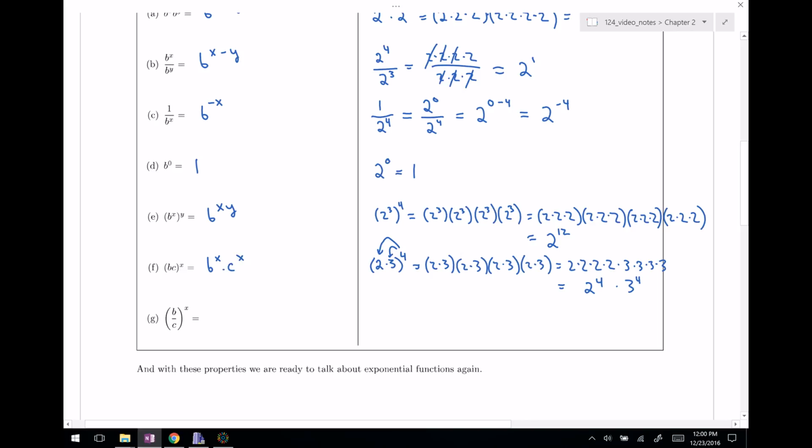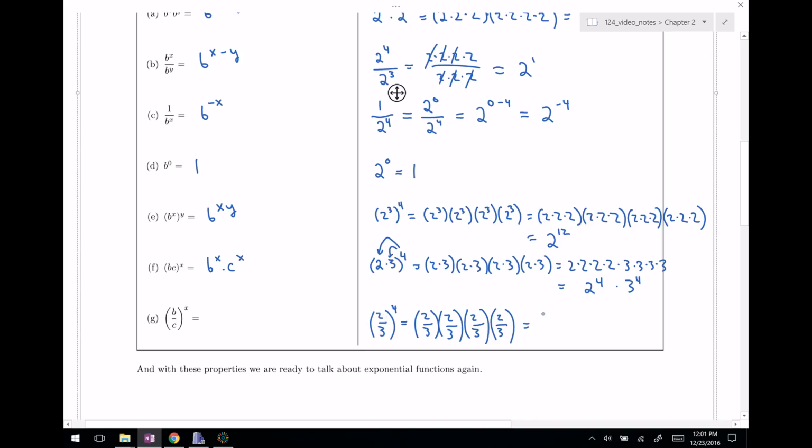All right, one more. I'm going to do 2/3, right? Some b and c all raised to the 4th power. So this is going to be 2/3 times 2/3 times 2/3. And again, a lot of this just comes down to that definition. And so, okay, multiplying all the 2's, right? I know how to multiply fractions.